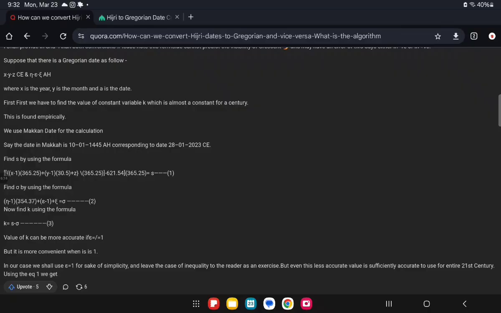Then we subtract 621.54 and one more square bracket around that. Then we take the result of this, I'm assuming, and we multiply that by 365.25 equals S.